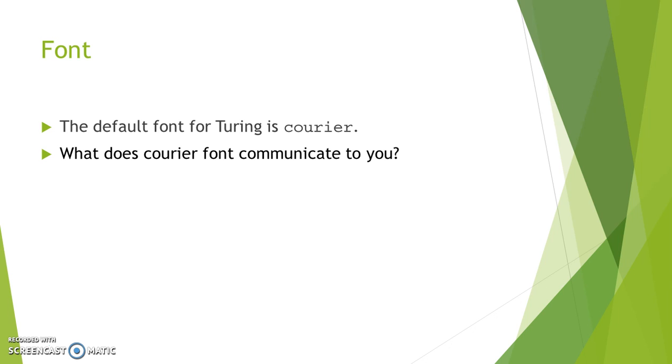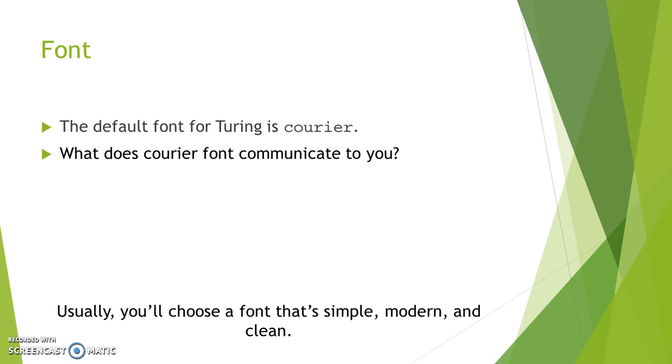Think about what kind of words it brings out. Usually, in the final version of your programs, you'll want to choose a font that's simple, modern, and clean. And I wouldn't say that Courier really is any of those things. So that's something to think about.